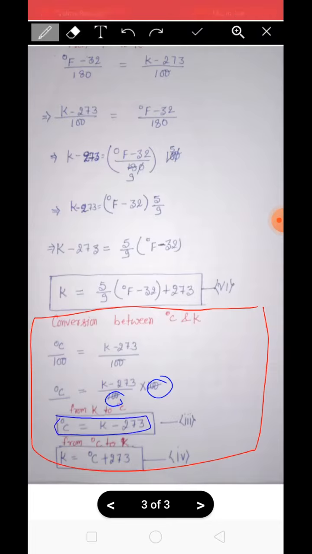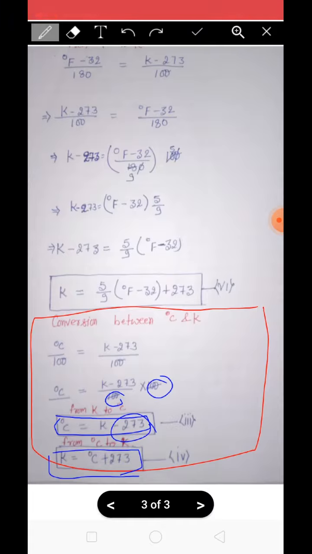So this formula can be used to convert Kelvin into degree centigrade. Now the second one: again we can simply send this minus 273 to the second side, and it will become K is equal to degree centigrade plus 273. This way the conversion will take place.